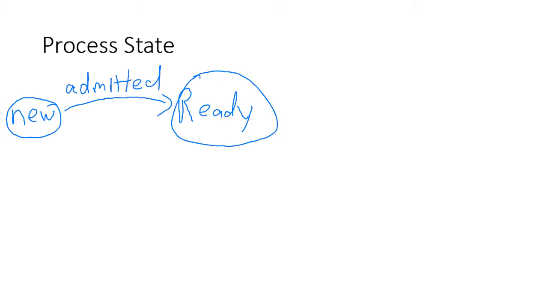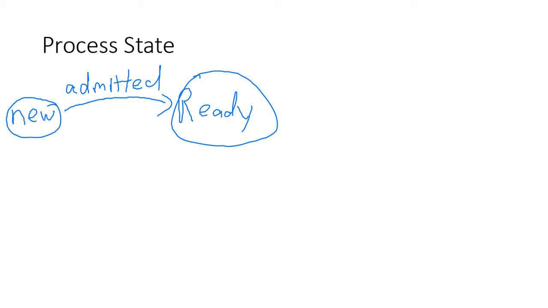Now we use the word ready to distinguish from another type of waiting. Here it is waiting to get the CPU. When the CPU is free and the process is chosen, then it'll be able to execute.